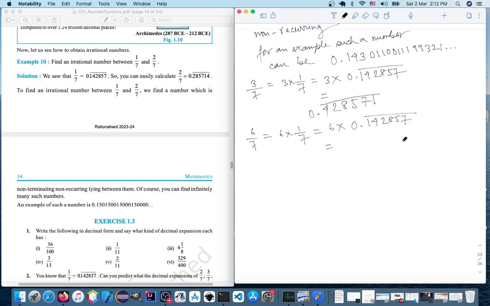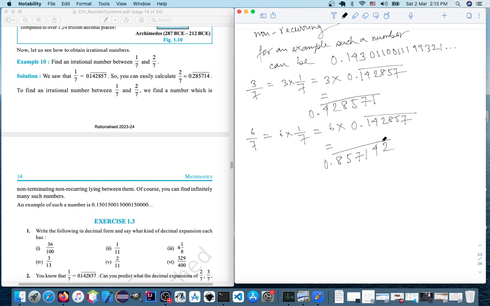This equals 0.857142 bar. I just did a simple multiplication ignoring the bar with 6 and 0.142857, and put the bar on the 6 digits.